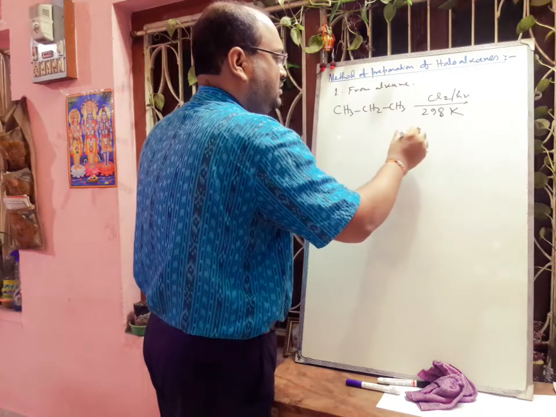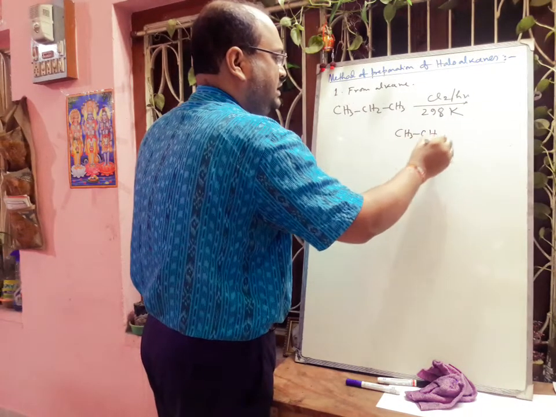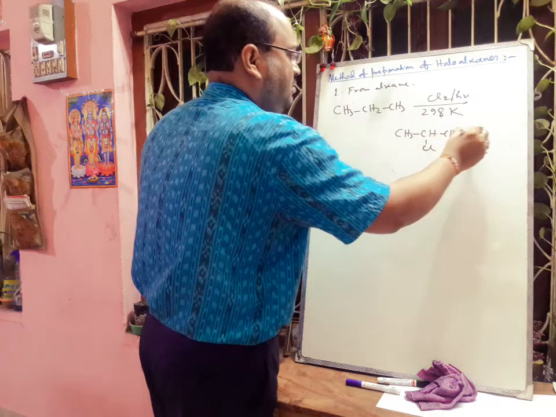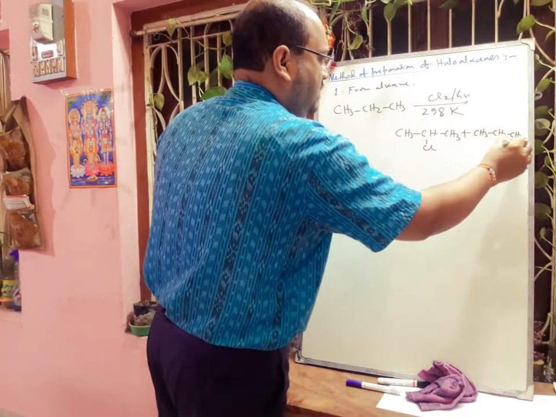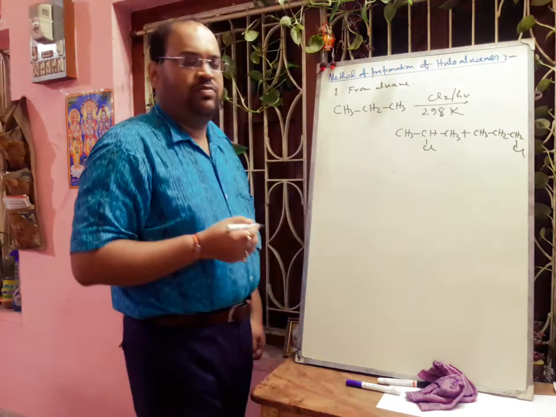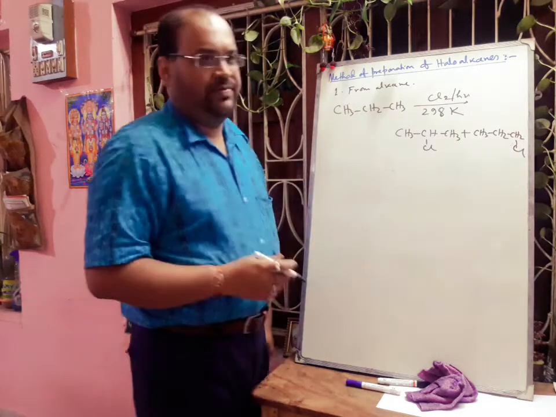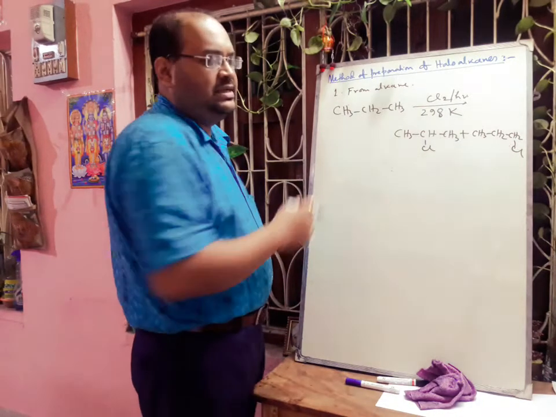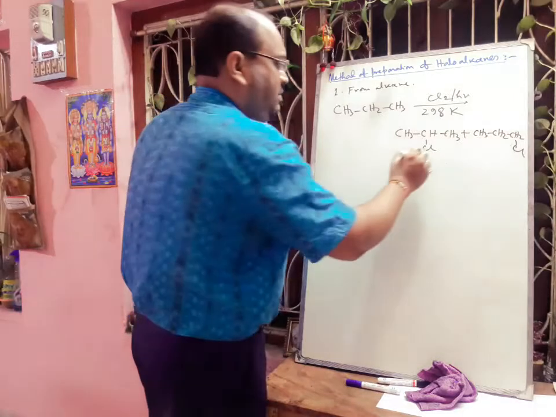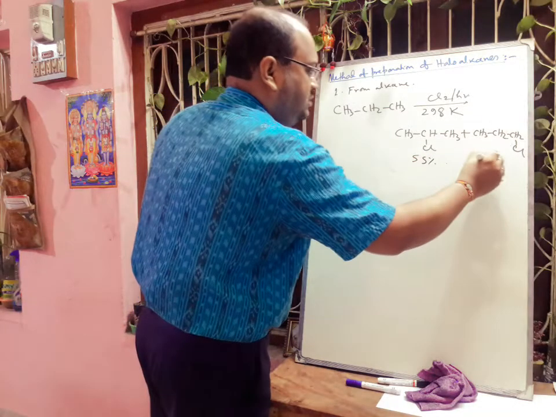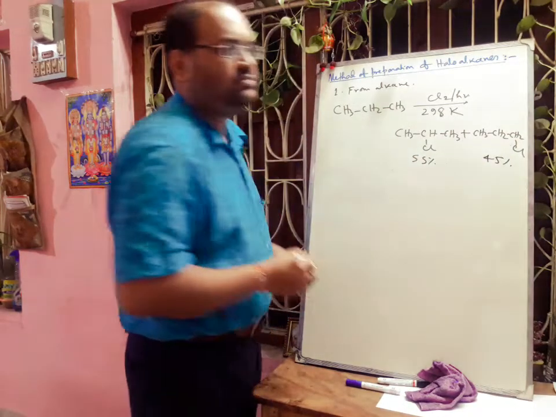One will be CH3CHClCH3 plus CH3CH2CH2Cl. So this one is 2-chloropropane, another will be 1-chloropropane, and the percentage of 2-chloropropane will be major, that will be 55% and this will be 45%.